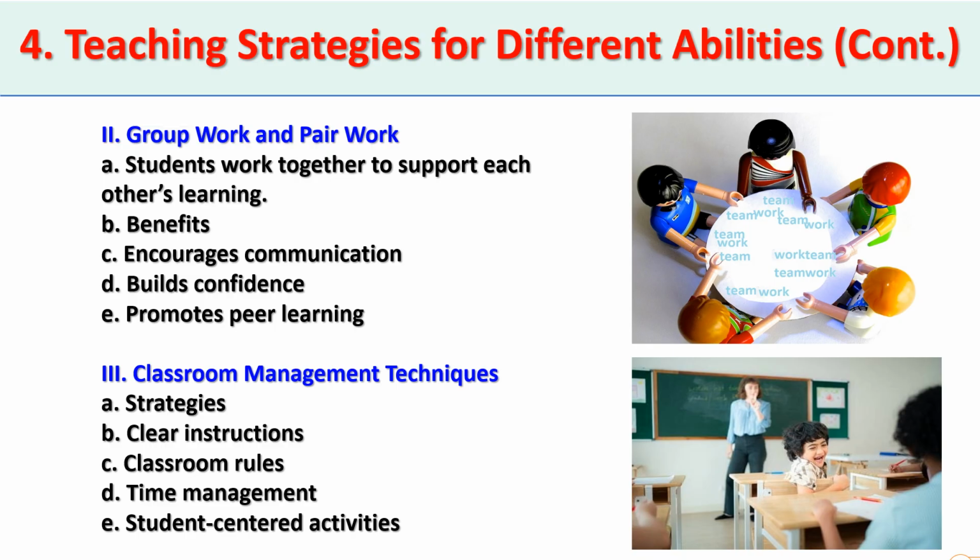Group work and pair work can provide many advantages in the classroom. Number one, increase student participation. Number two, make lessons more interesting and interactive. The third one, develop teamwork and social skills. And the last, number four, allow students to learn from different perspectives.